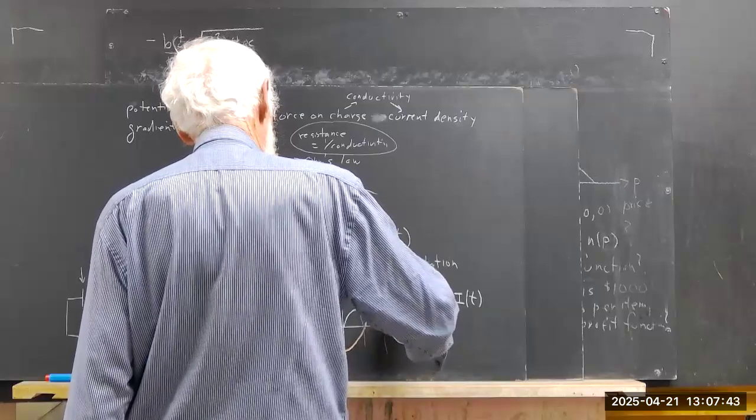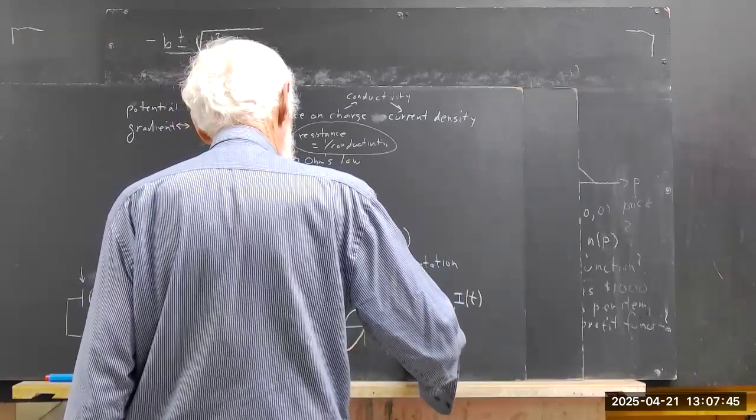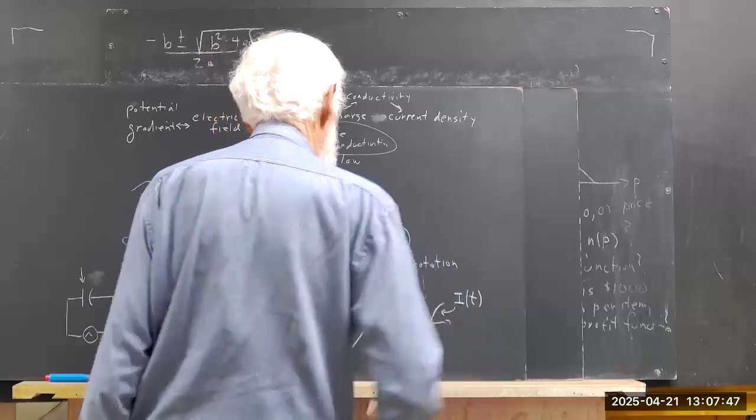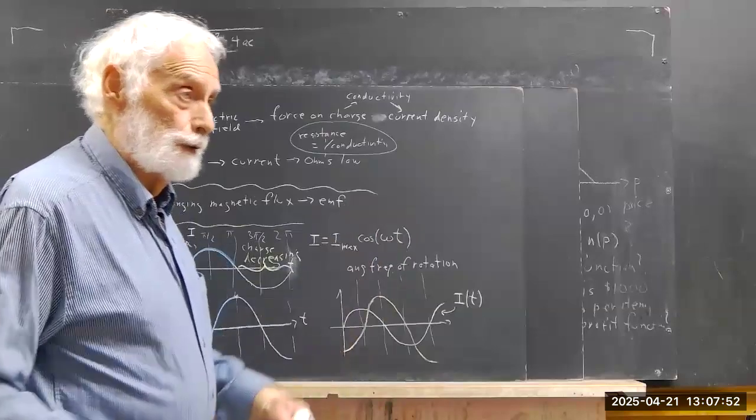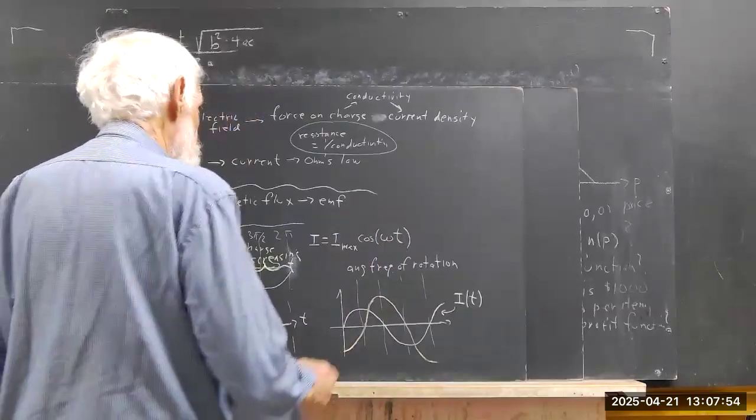Your book uses a greater amplitude for the capacitor voltage, but since this is voltage and this is current, you can choose any relative scale for the two.